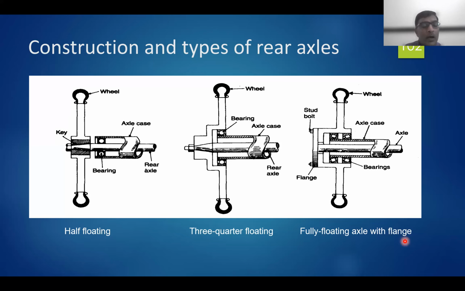In the vehicles which have rear wheel drive, as we have already seen, the front wheels are mounted on the dead axle and the rear wheels are mounted on the live axle. You can see that this axle is floating in between the differential or the final drive and the wheel on one side.